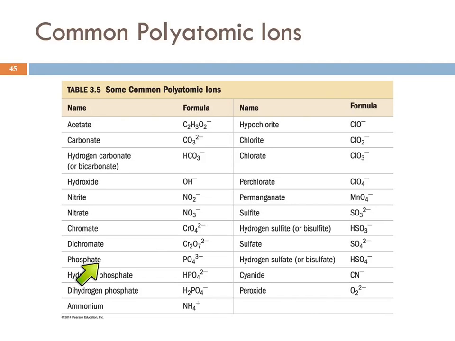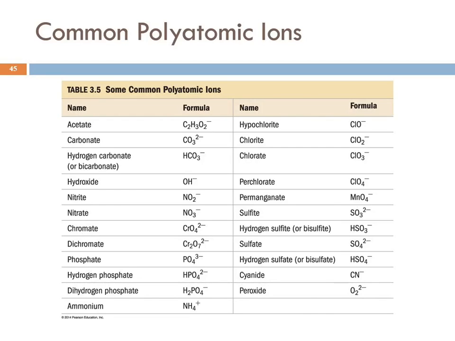Most of these, their names end in either ate or ite. There's a few exceptions. There's hydroxide. That's a very common one, very important. Peroxide. This is a polyatomic ion of oxygen, O2 2-. Sometimes a little tricky to recognize. Cyanide, also doesn't end in ite or ate. CN-. But I think all the rest of them end in ate or ite.